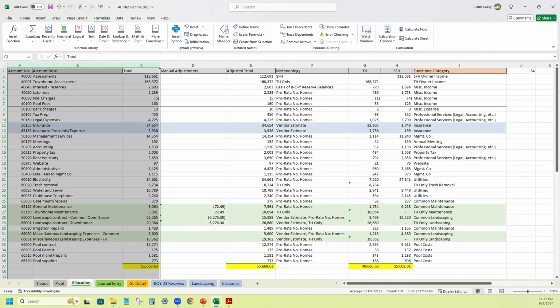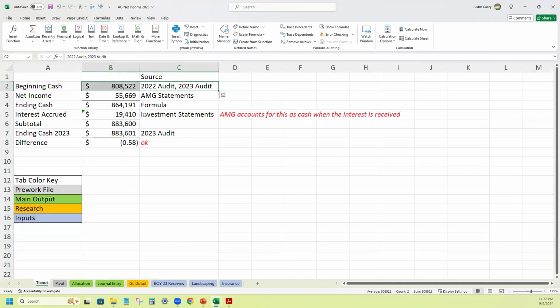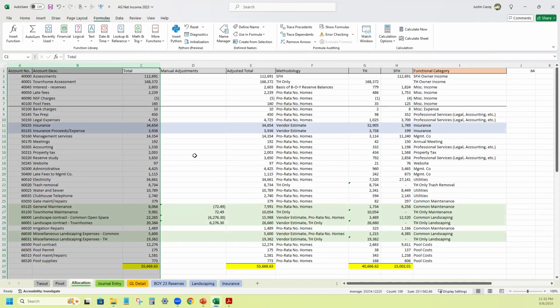The income statement is a reflection of the cash fluctuation, and we proved that out by tying the beginning of the year cash and the end of year cash to the audits within a dollar, which gives me good comfort to be able to rely on the AMG statements as statements that I can use to make a determination of net income. So that's columns A through C.